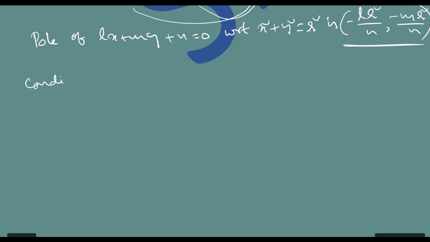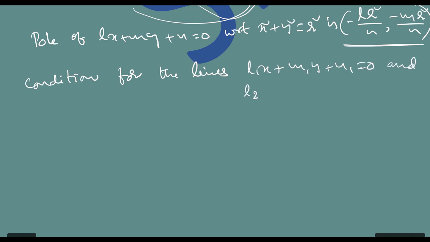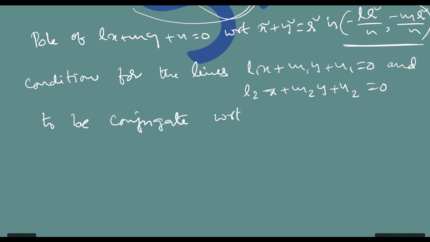Condition for the lines L1x plus M1y plus N1 equal to 0 and L2x plus M2y plus N2 equal to 0 to be conjugate with respect to the circle x square plus y square is equal to r square.